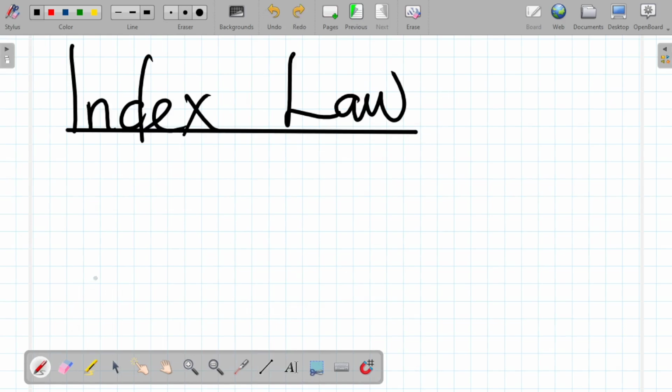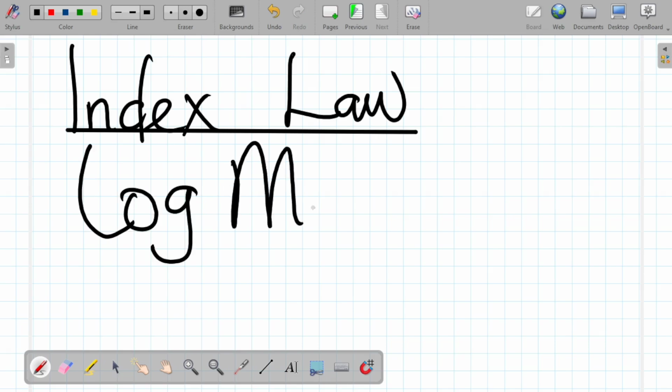Alright, let's consider the next law, which is the index law. The logarithm of a number with an exponent is equal to the exponent times its logarithm. Let's take an example. If we have log m raised to power n to base b, it is equal to, now you use this power, which is n, to multiply the log.